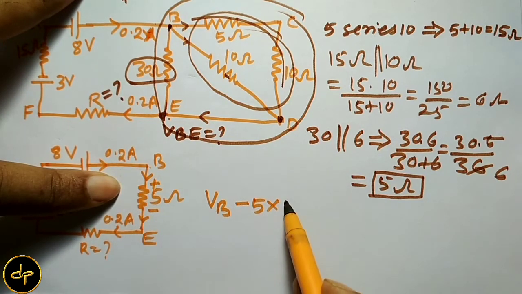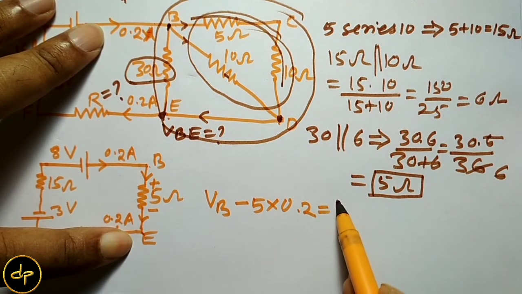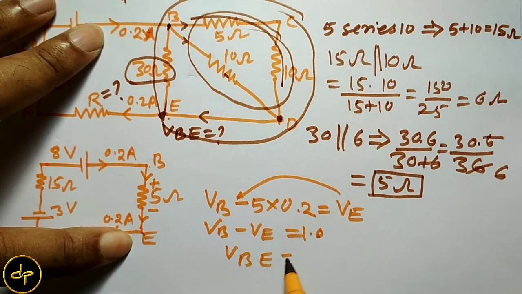The current is certainly 0.2 ampere, and then we have reached VE, that is the potential at E. So potential VBE, VB minus VE, would be equal to 1. So VBE potential is equal to 1 volt.